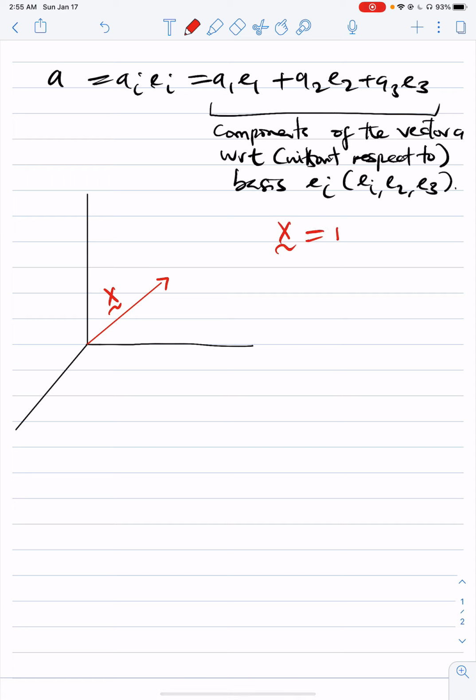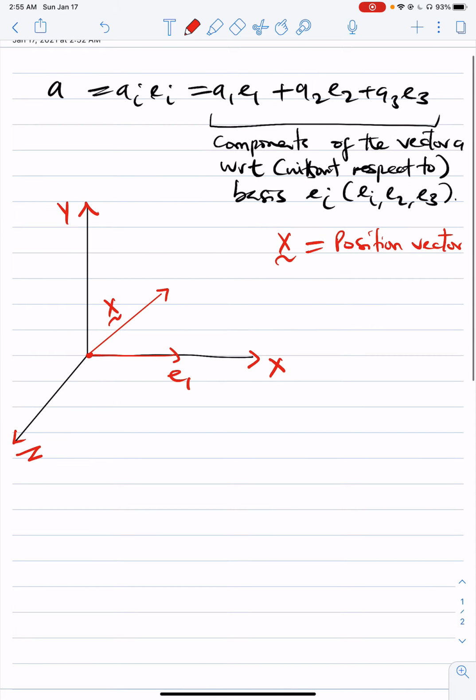Actually, this is called a position vector. It's been defined with respect to its origin. Let's give this x, here y, and here z. If we have unit vectors in this direction e_1, another unit vector in this direction e_2, and another unit vector in this direction e_3.